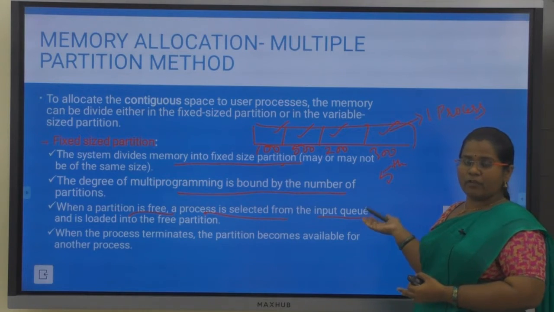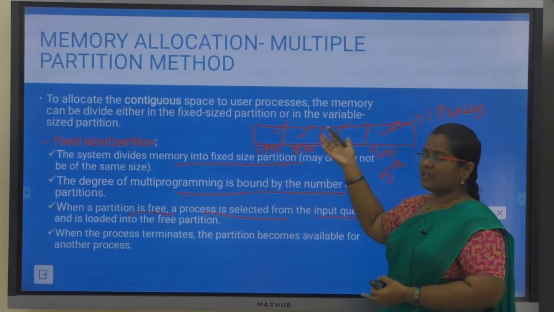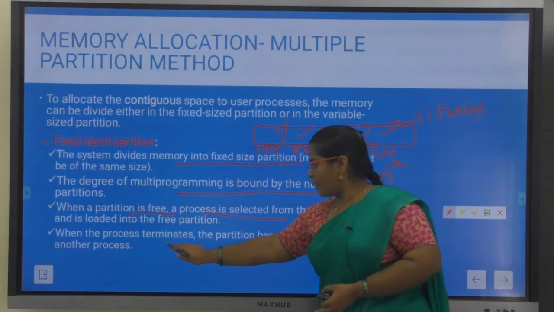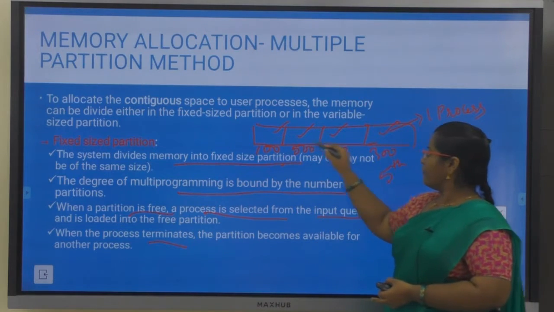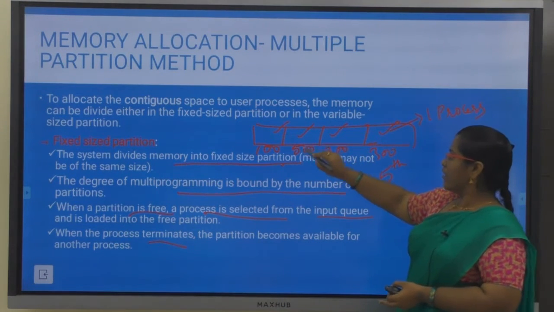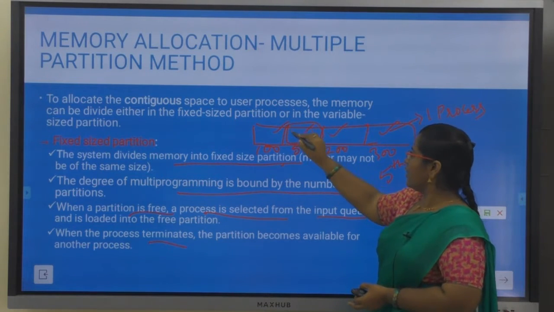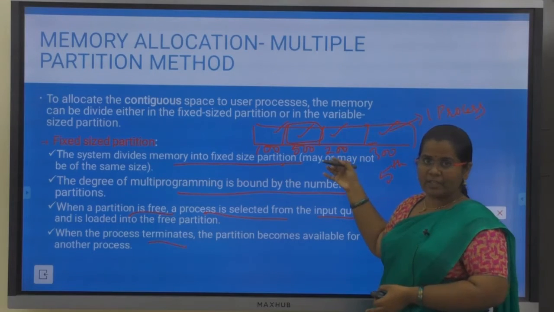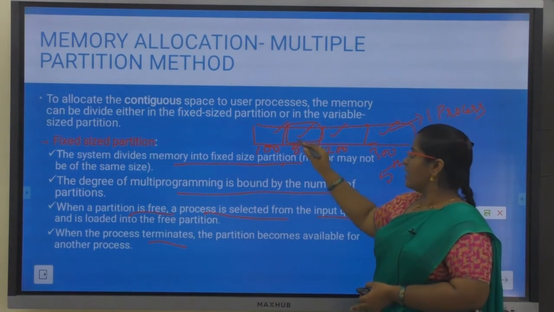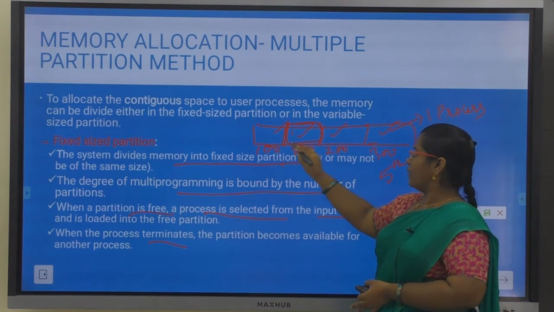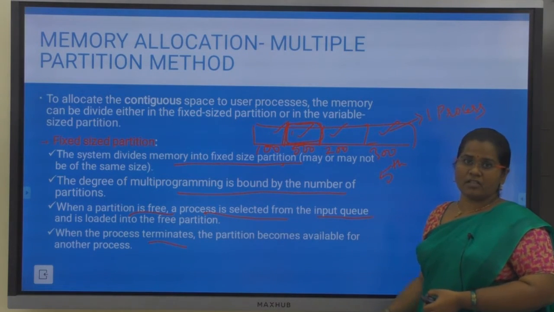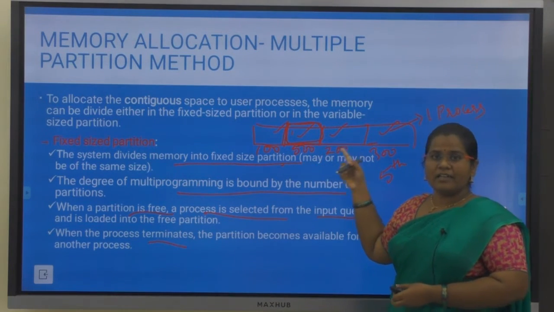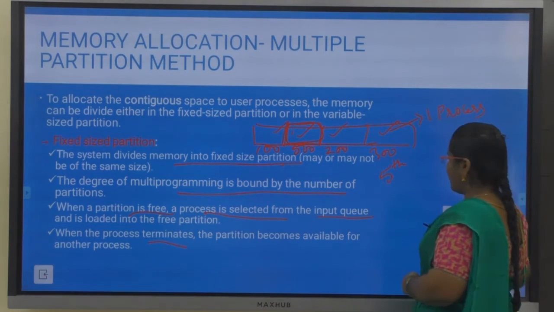From that input queue, one process will be taken and placed in the main memory whenever one of these partitions is free. Say, if one process completes its execution, the process will be terminated, and as soon as it terminates, the memory occupied by that process in your main memory will be freed, so that the partition can be used by the next process that is coming for execution.